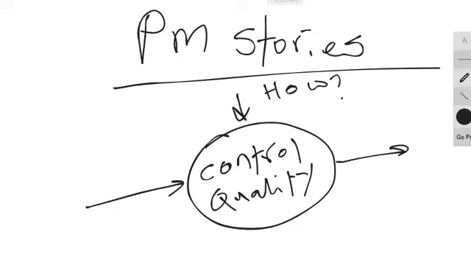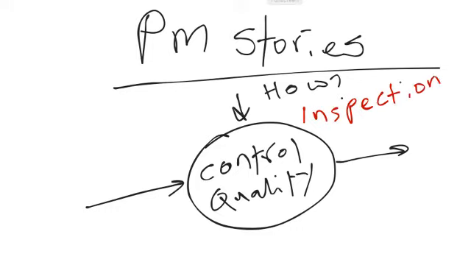It might be as simple as I was checking a build, some sort of build. So you used inspection. You can map that right back to one of those tools and techniques.